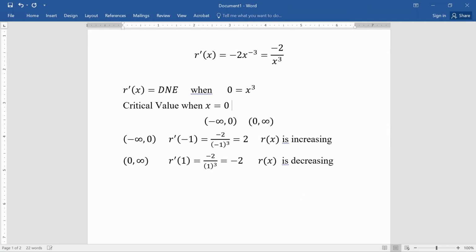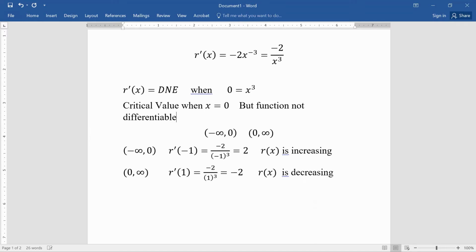We have a critical value at x equals 0, but the function is not differentiable when x equals 0. And that means this first derivative test does not work when x is 0.